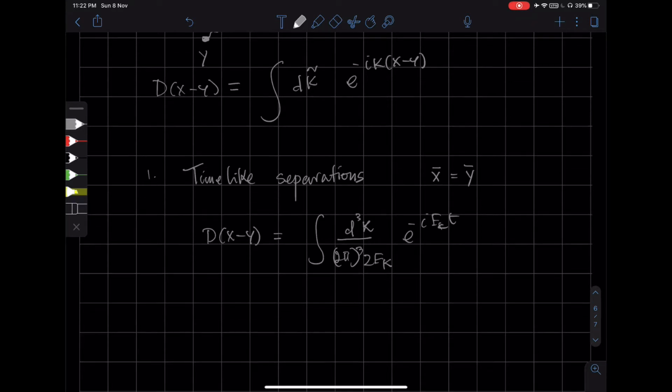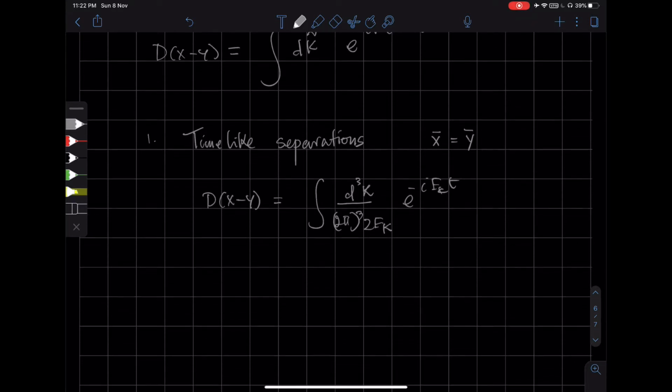Now, this is a three-dimensional integral. So what we can do is go to polar coordinates, and then we can do the angular integrals, which give me 4 pi. So I'm switching from k to p.